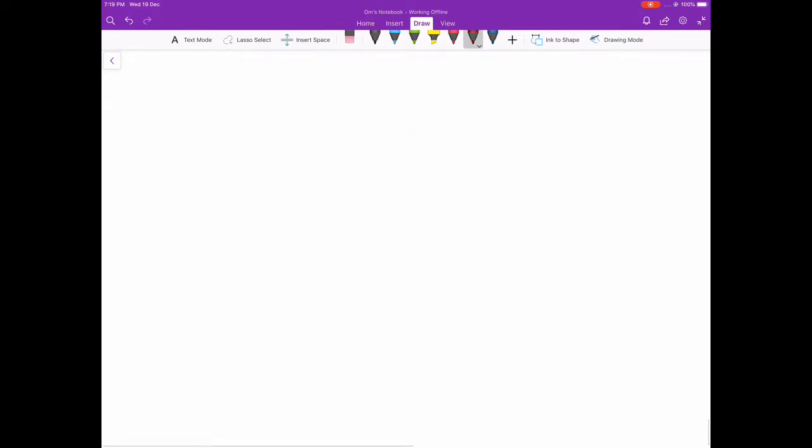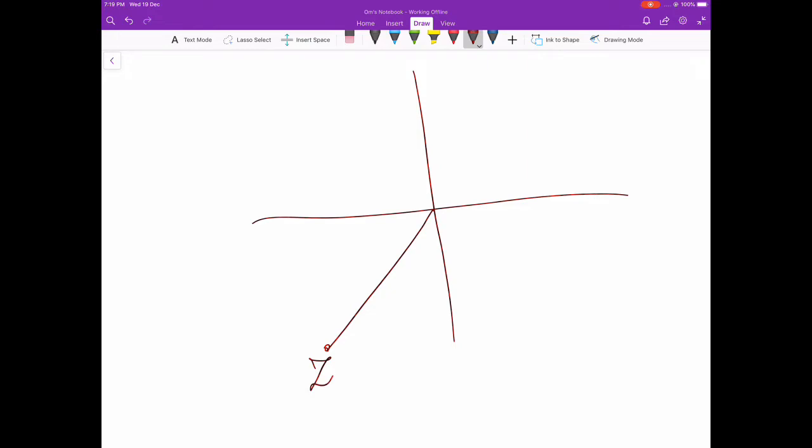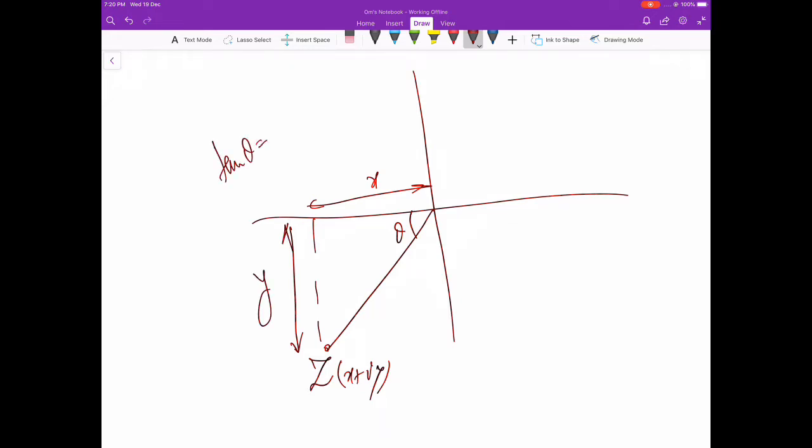Let's talk about the third quadrant. This is z = x + iy. This is theta, and this length is x, this length is y. Again I have tan theta equal to mod y upon x, and theta is equal to tan inverse mod y upon x.